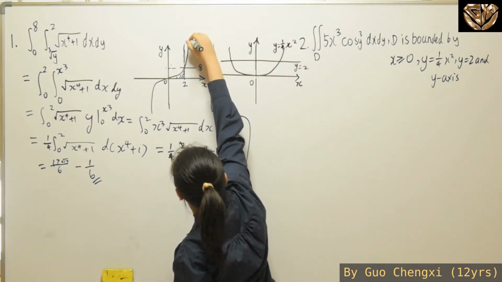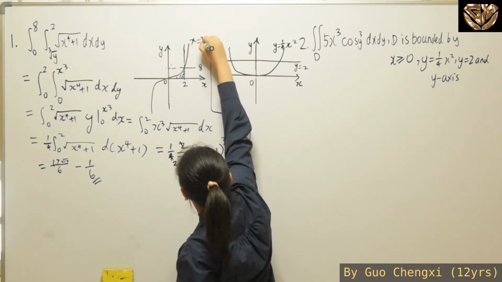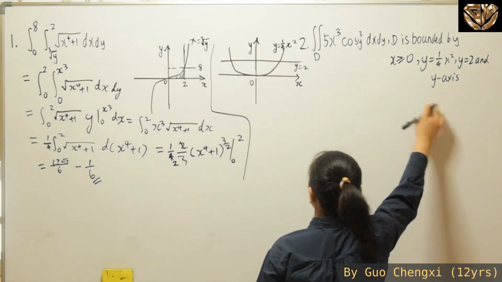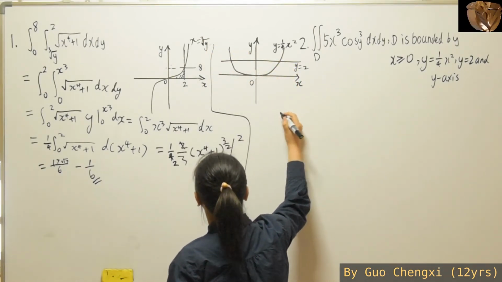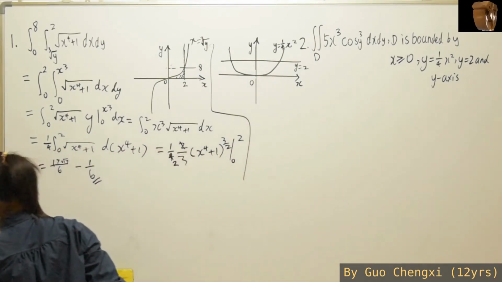Okay, so back to this part, we also have our y-axis. So we supposedly have these two parts that can be bounded, right?